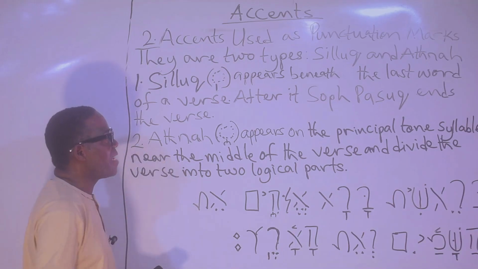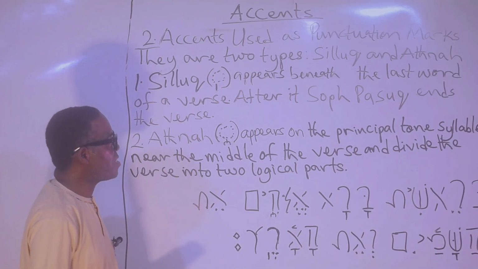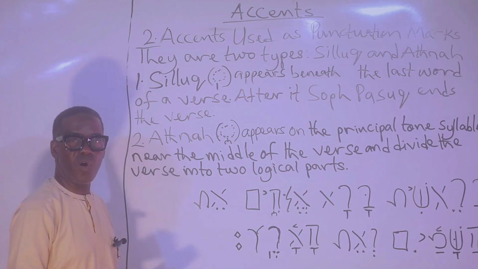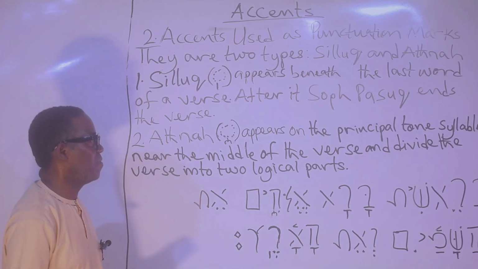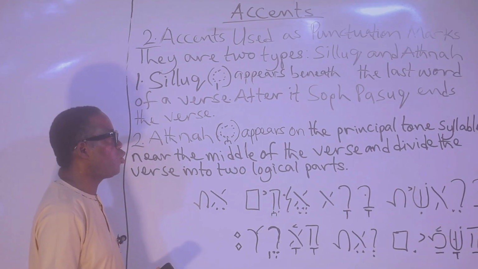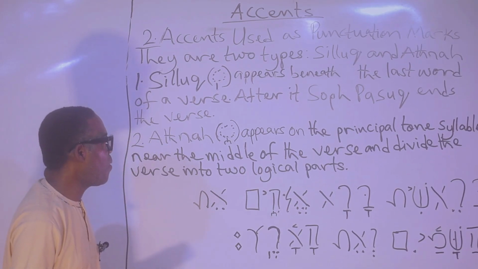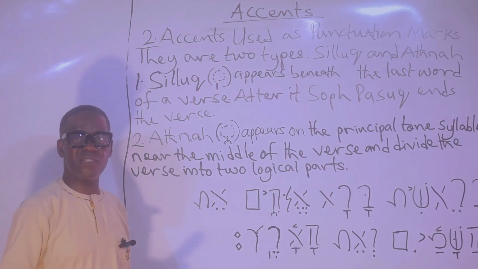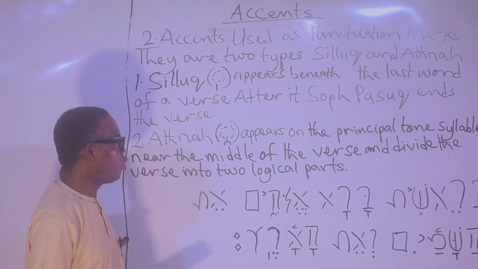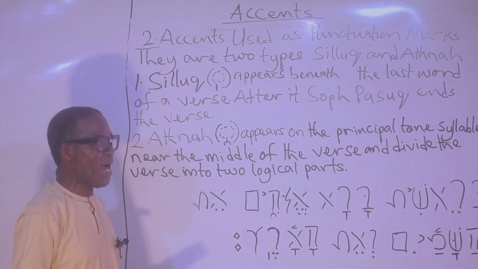Then the second, Atna, appears on the principal tone syllable near the middle of the verse. And it divides the verse into two logical parts.